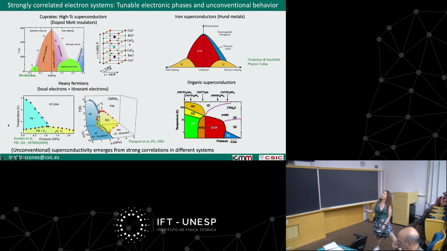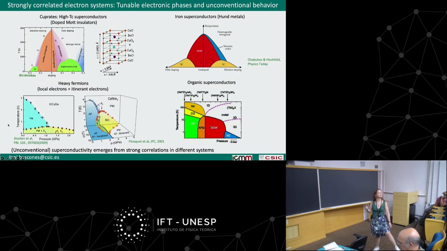Here you have the phase diagrams of some families that have been studied a lot. So these are the high temperature superconductors based on copper. We have been for more than 35 years trying to understand them, and we really don't understand them completely yet. We have learned a lot of things. Here is the second family of high temperature superconductors, the iron-based ones.